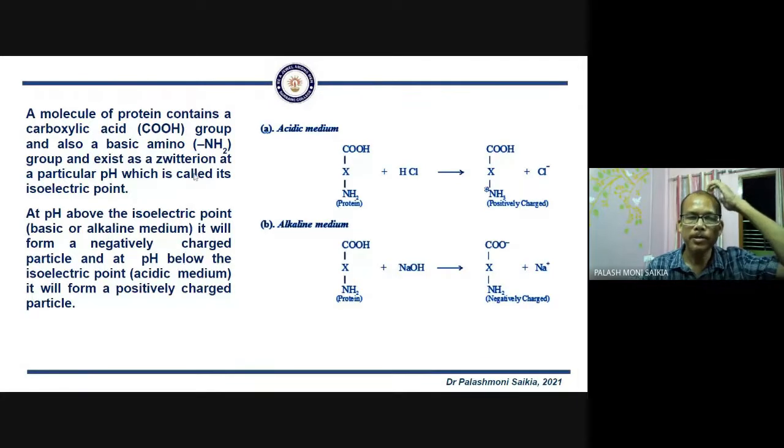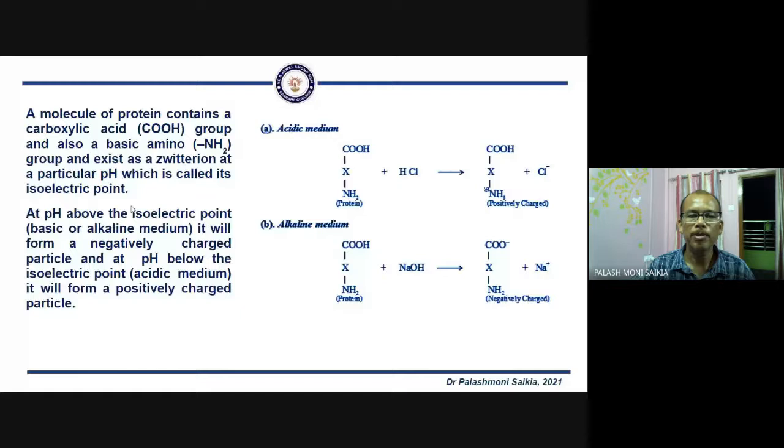And at a pH above the isoelectric point, which is the alkaline medium, it becomes negatively charged, and below the isoelectric point, which refers to the acidic medium, they are positively charged.